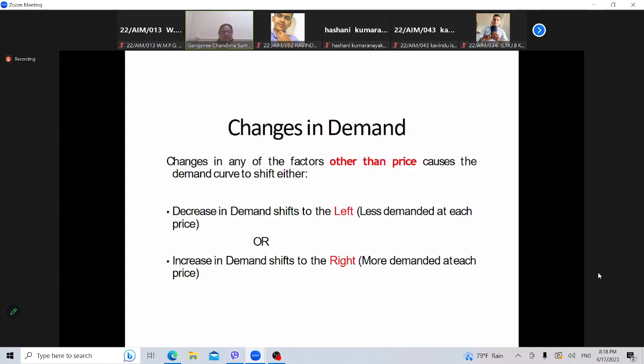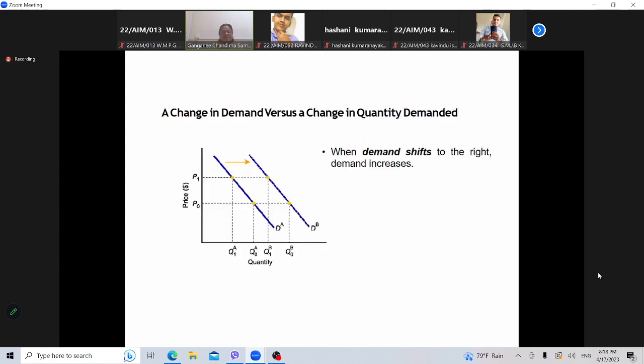That's why changes in any factors other than price cause the demand curve to shift either left or right. A decrease in demand shifts to the left, that means less demanded at each price. An increase in demand shifts to the right, more demanded at each price. These are the basic changes we can observe.